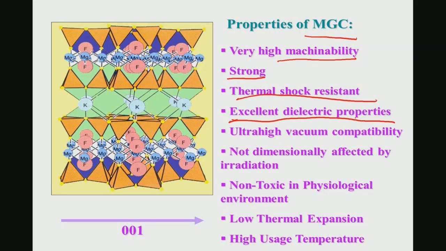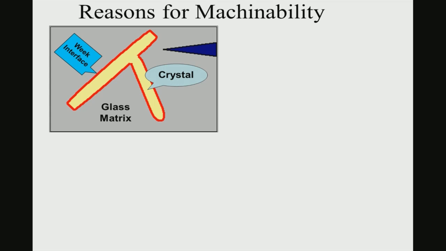As I said, it has a very characteristic crystal morphology, a network of potassium, fluorine and magnesium ions present in a particular tetrahedral arrangement, as well as very characteristic morphological features when these crystals are viewed along the 001 direction.